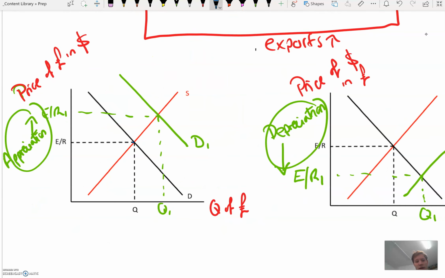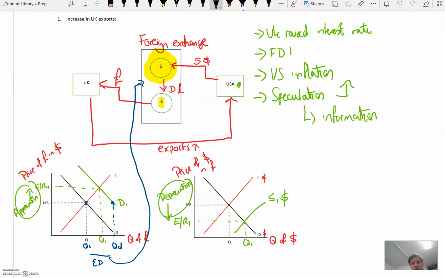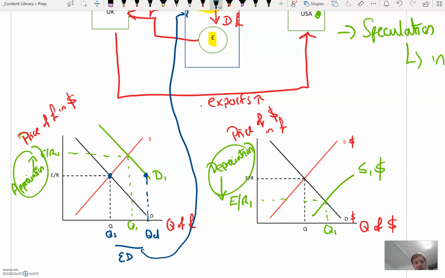So on this graph here, I can draw the excess demand of pounds. This is your quantity supplied after the shift. This is your quantity demanded. You have excess demand of the pound. And that's reflected by these relative sizes of those two things there. Now what's going to happen is, as we see an increase in the value of the pound, you're going to see an increase in supply.